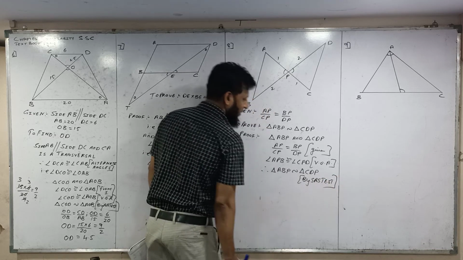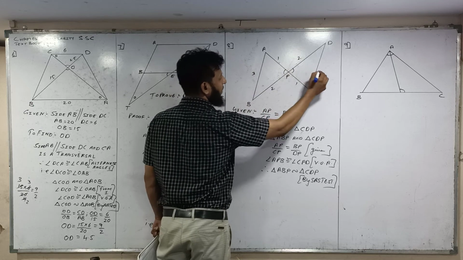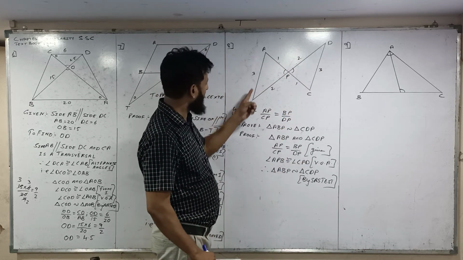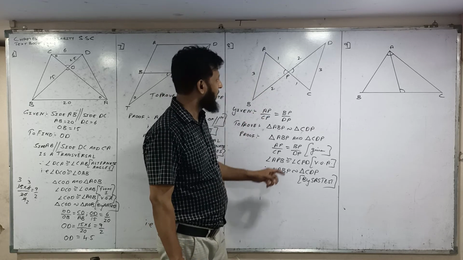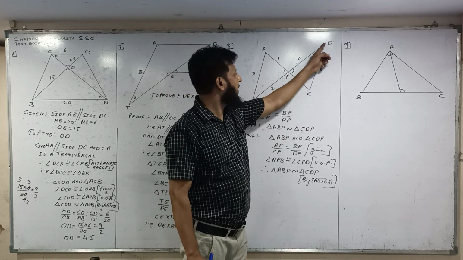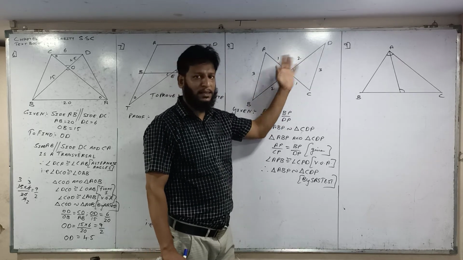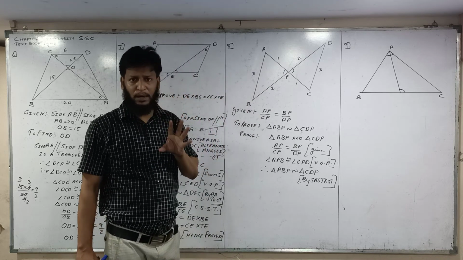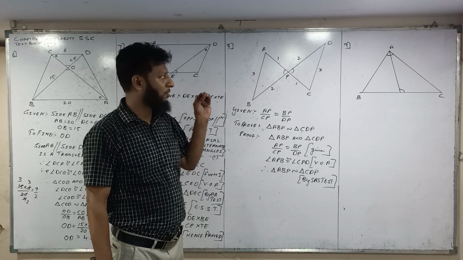Okay, see 1 1, 2 2, and just give the name 3 3. Now see ABP from 3 to 2, here also you can see CDP from 3 going to the second side, third to second side. You will not get confused if you put the numbers. It's just for assumption and is useful also.